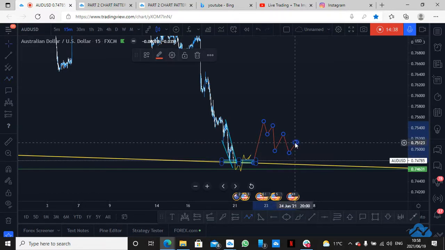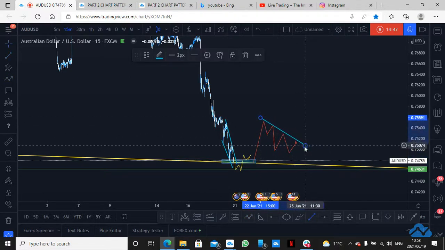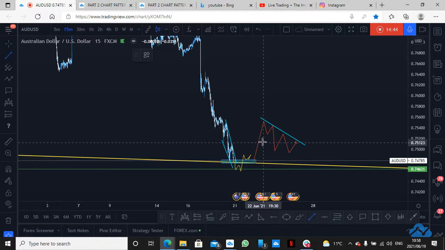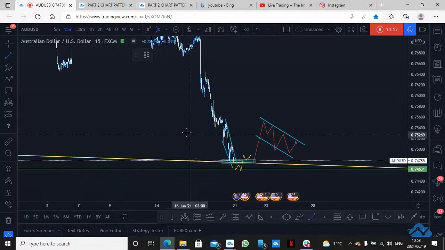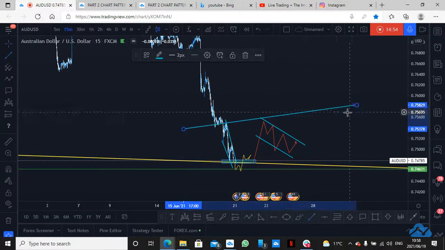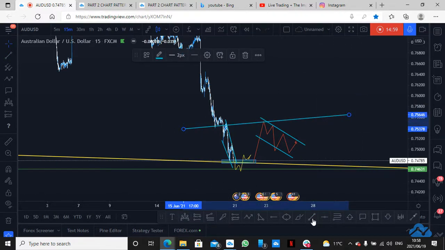Okay, once it corrects that lower high in a corrective manner, then we can scale in. Because now at this point we're going to have a structure that might look like that.